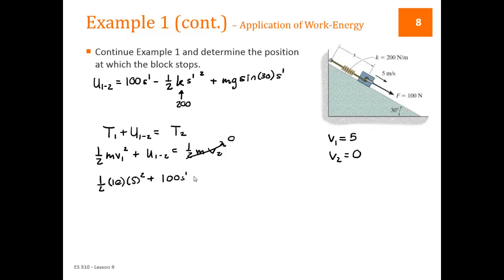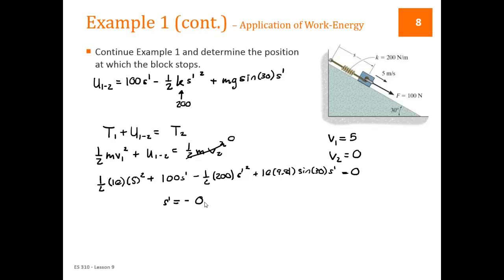100 S prime minus 1/2 of 200 S prime squared plus 10 times 9.81 sine of 30 S1 is equal to 0. So we have a quadratic equation of S prime. You can solve that. You're going to get two answers.